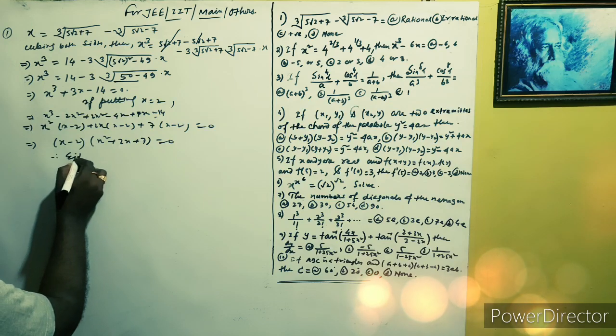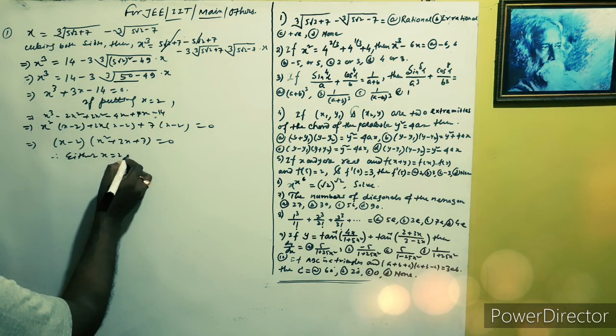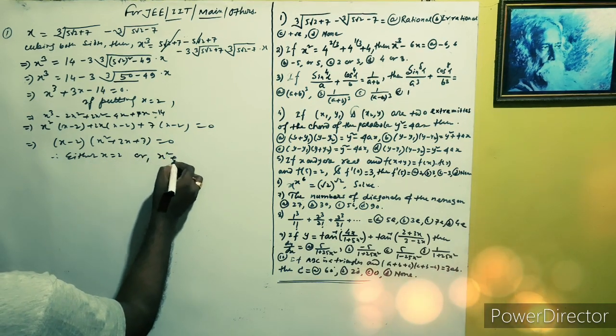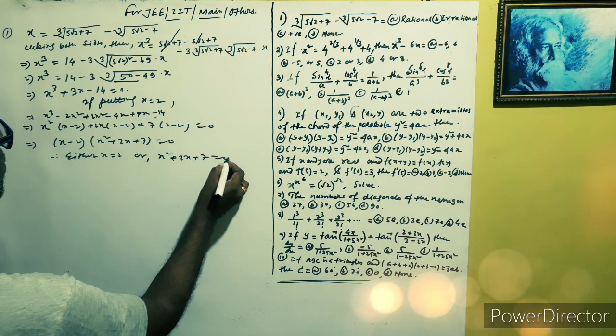Therefore either x equals 2 or x square plus 2x plus 7 equals 0.